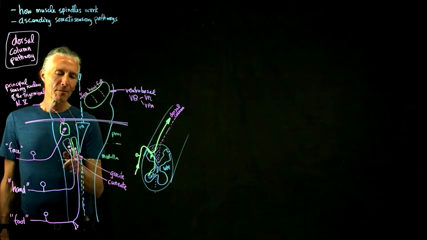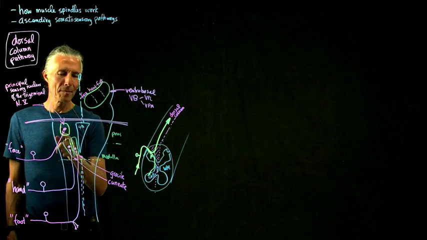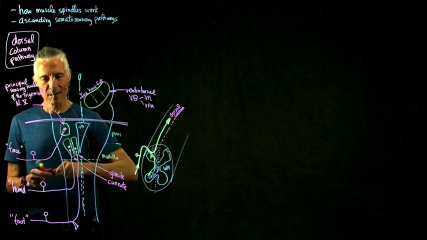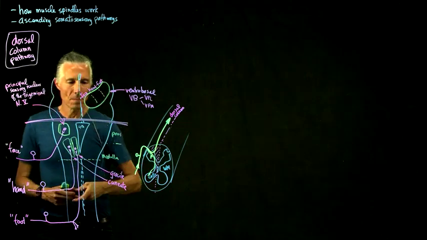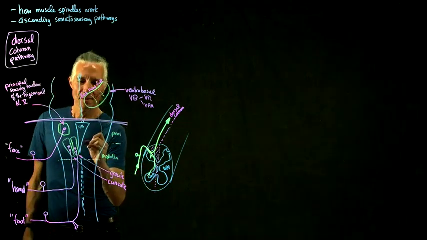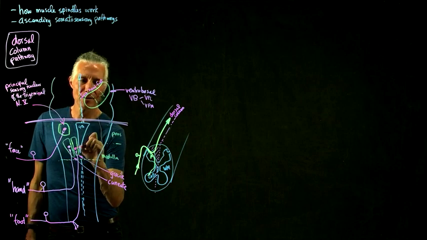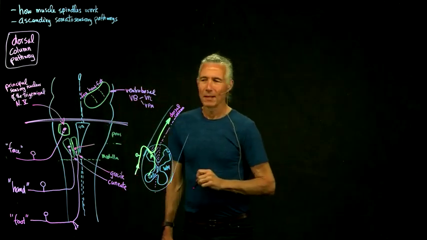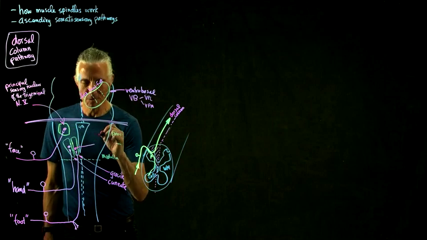Here we've got the foot on the midline, and then the arm, and then finally this guy is a little bit more lateral, and then we've got the face. So it's kind of reversed. So here's the gracile nucleus. That guy crosses over way down in the medulla, but it doesn't hook up to anybody. It follows the rule of Serino.